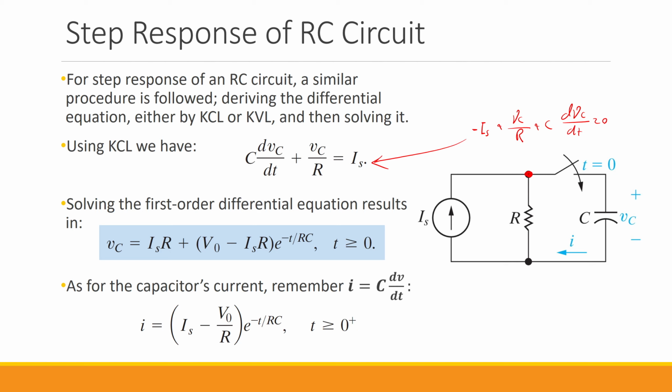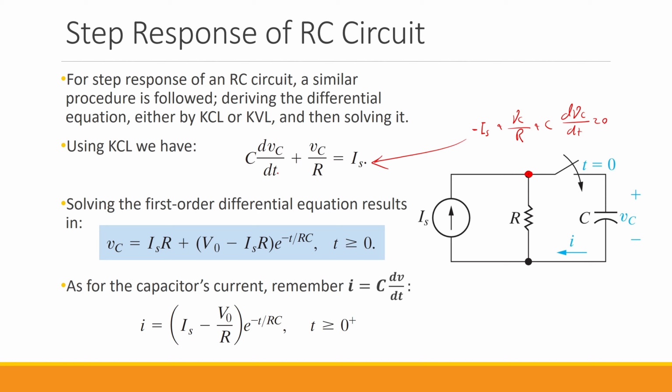You remember that the current of a capacitor was C multiplied by the derivative of its voltage with respect to time. So now in this equation we have IS as a known value, we have R and C also as known values, but the variables that we have, one is VC and the other one is the time.